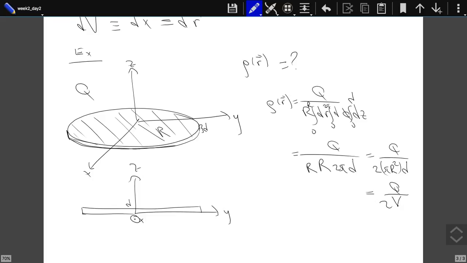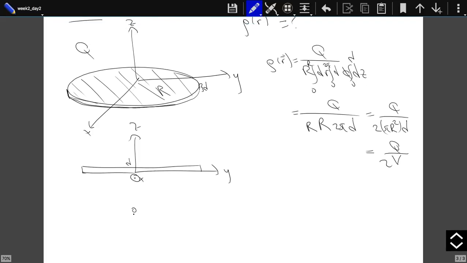Okay, let's write it. What kind of step functions do you want to put? D minus Z. Okay. If Z is larger than D, then this is 0. If small r is larger than capital R, this will be 0.